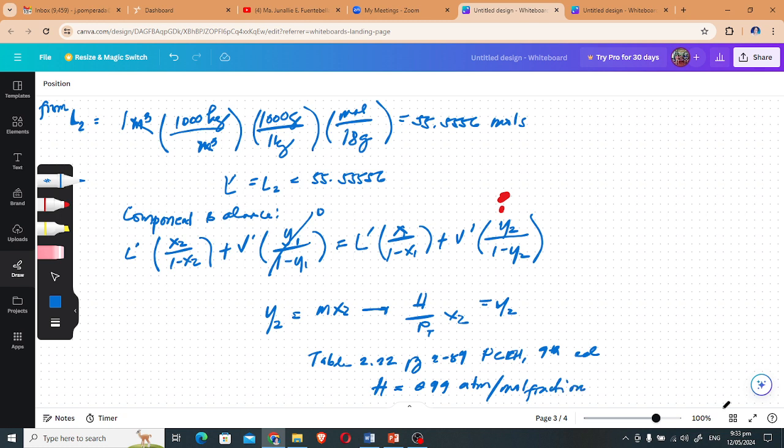So using this, we can determine already our y2. We know already x2, so y2 will just follow.